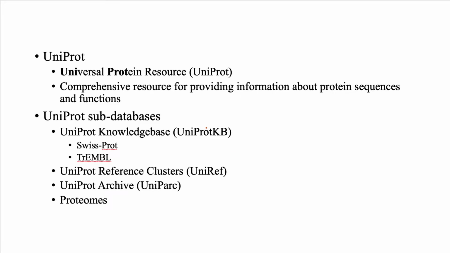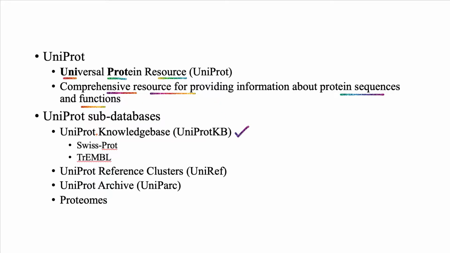So let's start. UniProt is an abbreviation. It stands for Universal Protein Resource. It is a comprehensive resource for providing information about protein sequences and functions. This database is further subdivided into sub-databases.